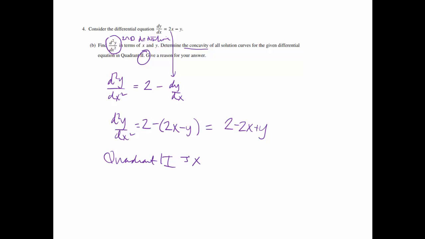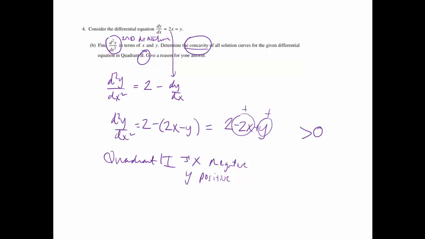All of my x's in quadrant 2 are going to be negative, and all of my y's in quadrant 2 are going to be positive. So if I plug in a negative x, this part will always become positive, and if I'm putting in a positive y, this will always be positive. So 2 plus a positive will always be a positive number. So my second derivative is always going to be positive, or greater than 0.